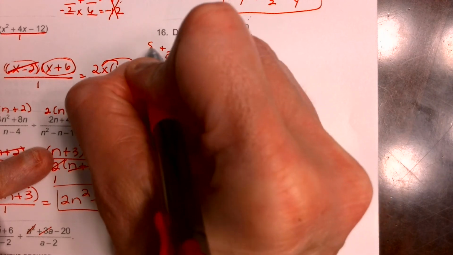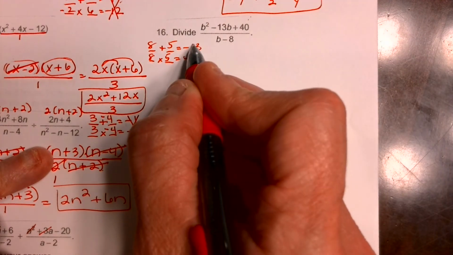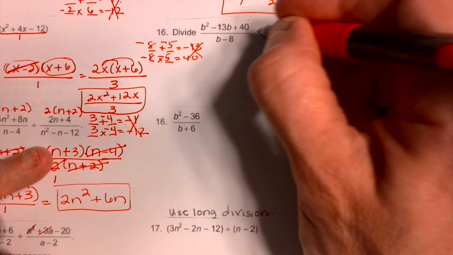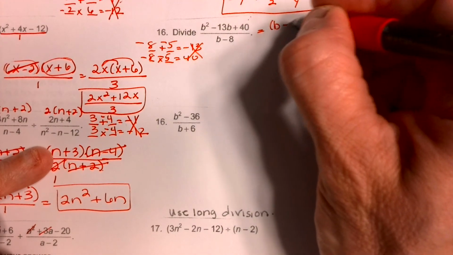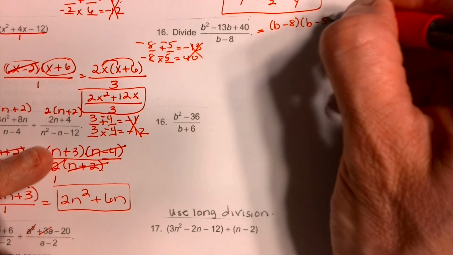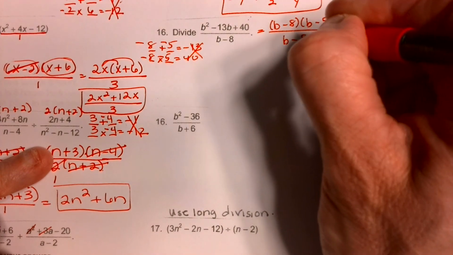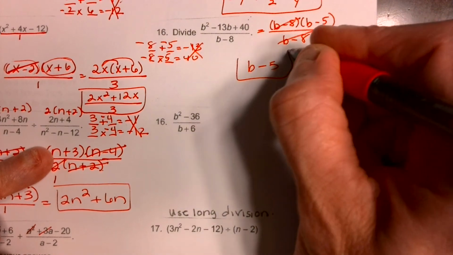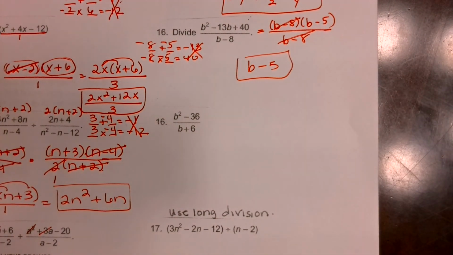That's got to be positive. That's got to be negative. So they're all negative. So we end up with b minus 8 and b minus 5 all over b minus 8. Gone, gone. Nice. We're done. So some turn out super simple like that, and others, you got to put some work in, right?